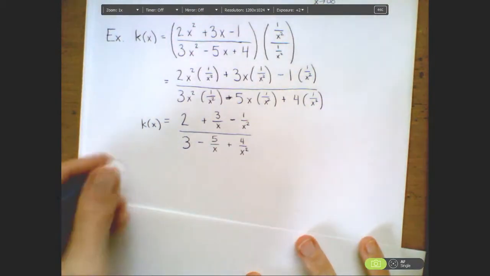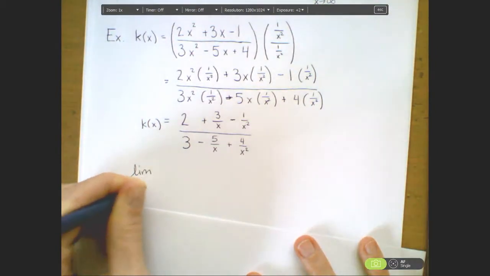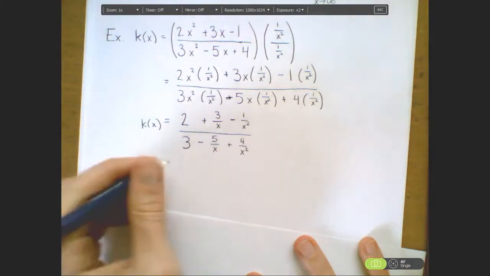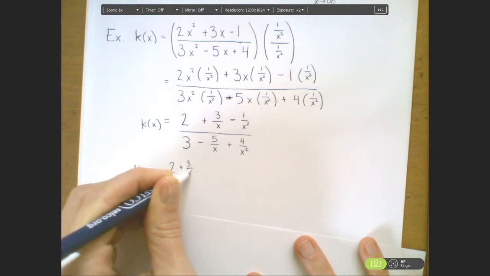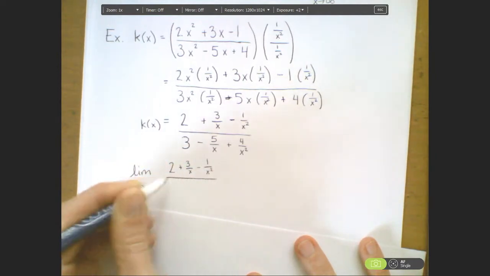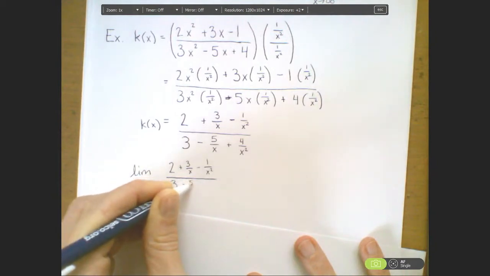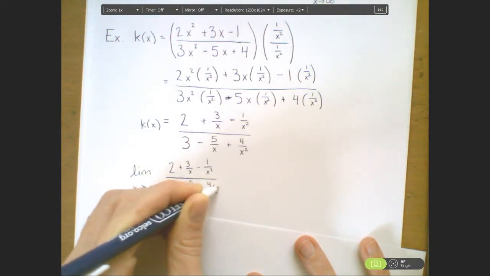Now let's consider the limit as x approaches infinity of this new function, 2 plus 3 over x minus 1 over x squared, all divided by 3 minus 5 over x plus 4 over x squared.